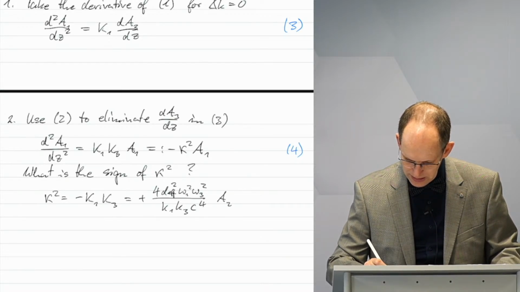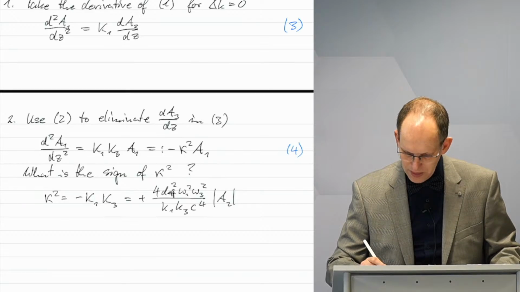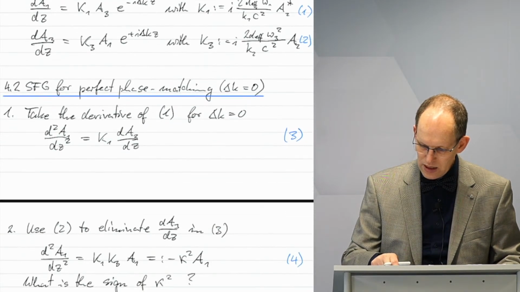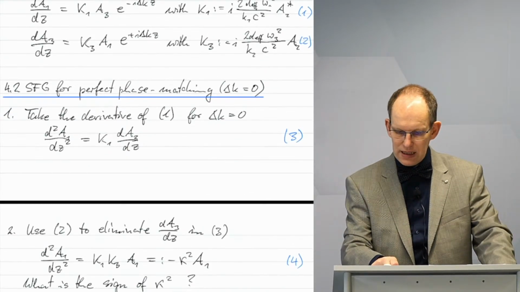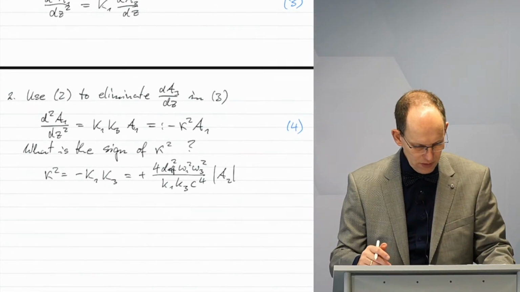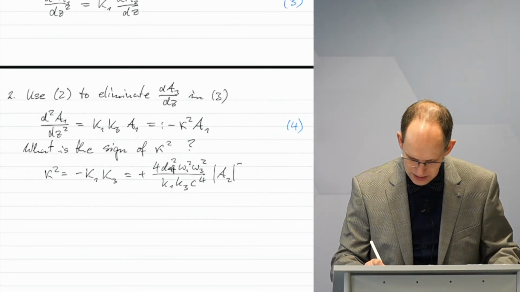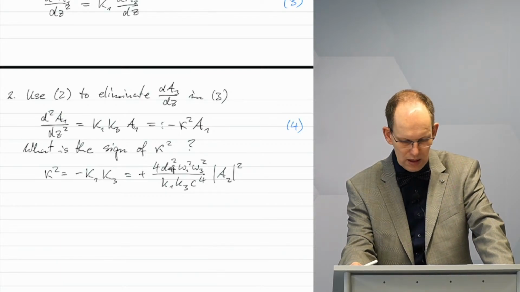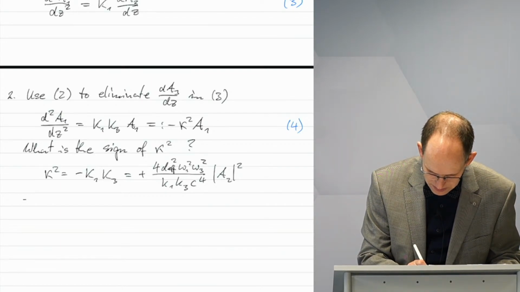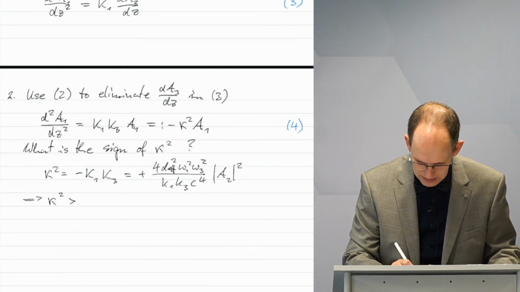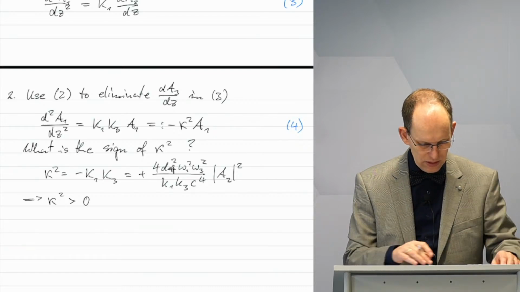The point is that we have the magnitude squared. Well, we see it actually immediately at equations 1 and 2. We have A2 star times A2. So therefore, we have here the magnitude squared of A2, which means that kappa squared is larger than 0, is positive.